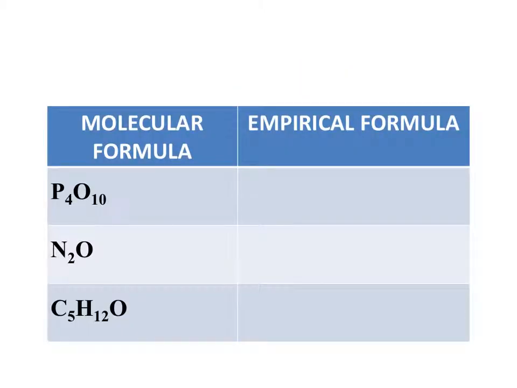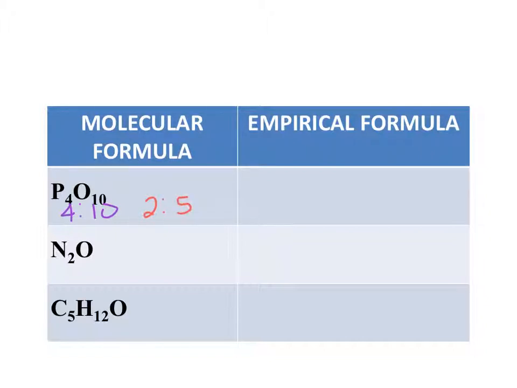So let's do some further practice. In the first example, we have P4O10. This can be further reduced by the number 2, which will give us 2, 5.